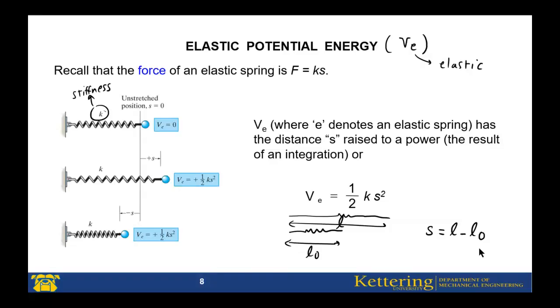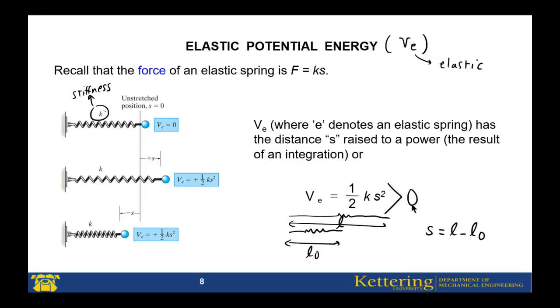Also, you can see from this that the potential energy because of an elastic spring is always positive. When I stretch the spring or compress the spring, the potential energy will be positive, always.